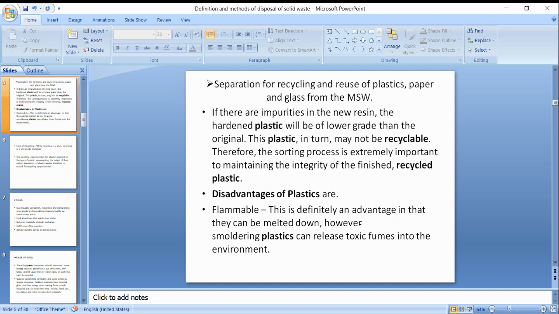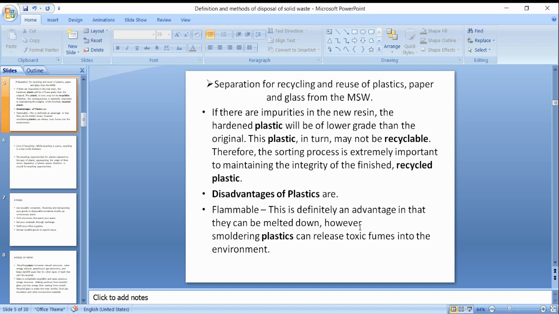It gets into separation. So if there are impurities in the plastic, separation is to be done. In the plastic, resin depends upon the color. Depending on the color of the plastic, the resins will also vary.